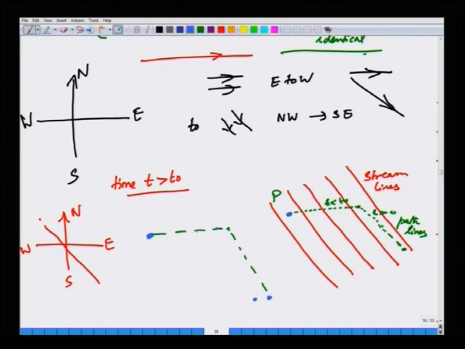Likewise, things that are introduced before T0 would go up to here, and the stuff that is introduced just before T0 will be here and will reach here. The stuff that was introduced after T0 would directly follow this line. So, this is the streak line, while this is the path line. So, the path lines, streak lines and streamlines do not agree for unsteady flows.